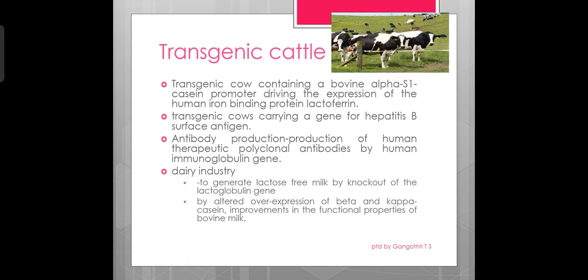Their pronuclei were microinjected with a DNA construct containing a gene, that is bovine alpha S1 casein promoter, driving the expression of the human iron binding protein, that is lactoferrin. Okay, the embryos were cultured till the blastula or morula stage and then non-surgically transferred to surrogate mothers.